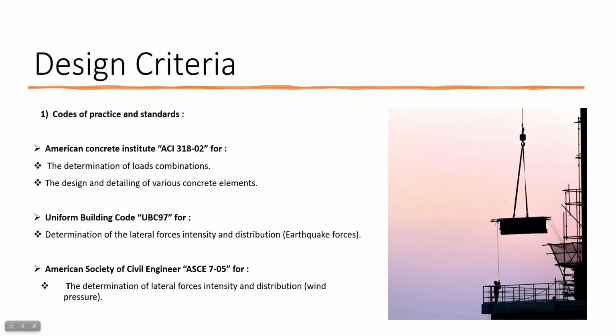Okay, so we are going to talk about the design criteria for this project. What is our design criteria? We have the codes of practice and standards. We are going to use the latest ACI for determination of load combinations and the design and detailing of various concrete elements. We are not going to use UBC, because I believe UBC 97 is not used anymore.